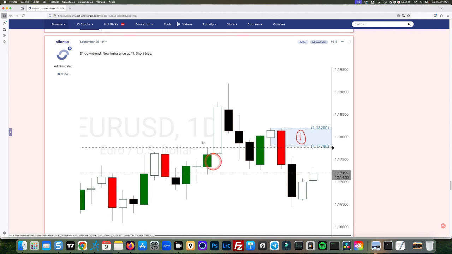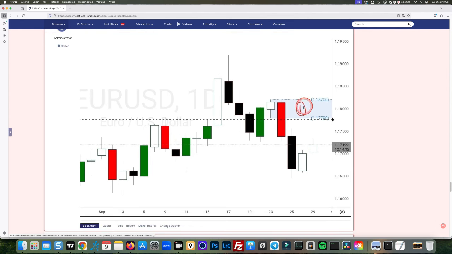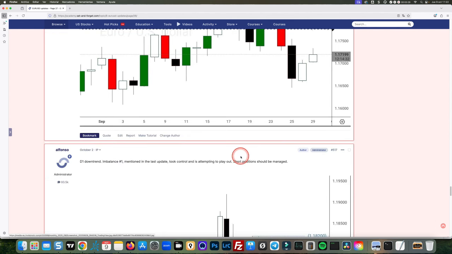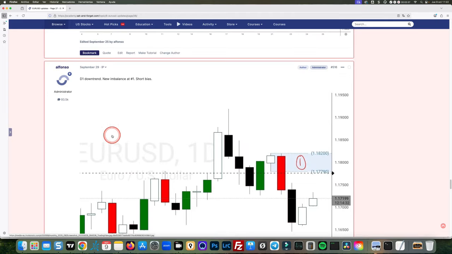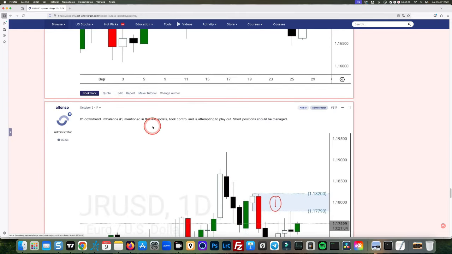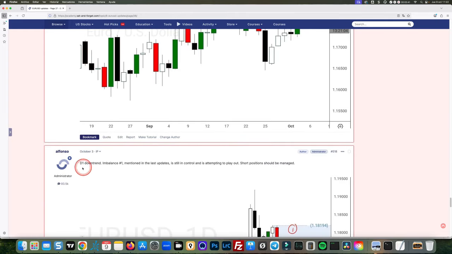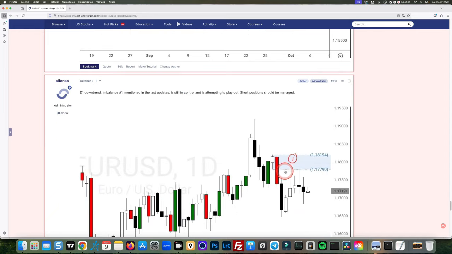It didn't happen. I posted this one from my tablet because I was not at home. I painted the number manually, drew it manually. Supply in control, attempting to play out October the 2nd, which is like 3 days later. Daily downtrend, October the 3rd, is playing out.